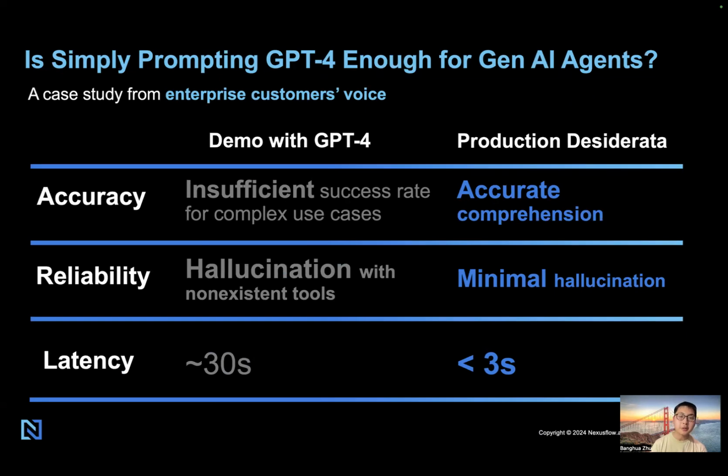Also, GPT-4 tends to hallucinate non-existent software tools, and in production, we really want minimal hallucination. On the other hand, we also hope to have very low latency, while GPT-4's latency is not quite acceptable, especially for complex software manipulation tasks.